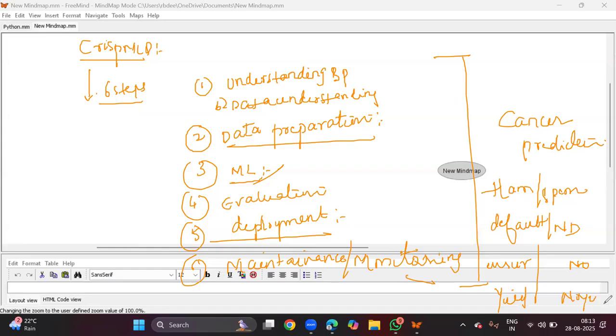Anything can be a business problem. Anything can be a prediction. These are the business problems which we will be encountering.